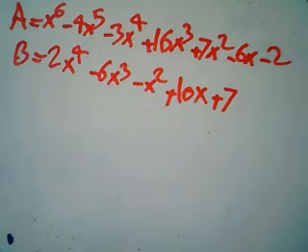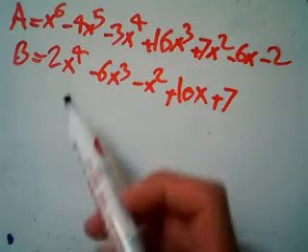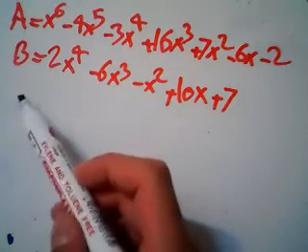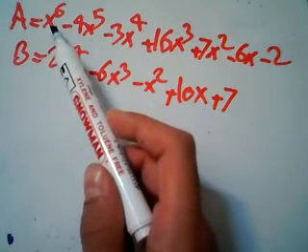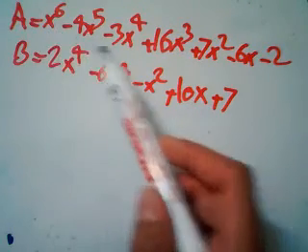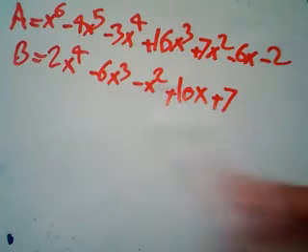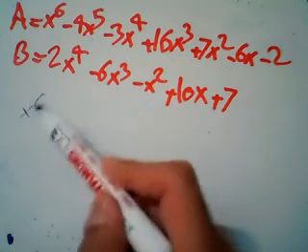Okay, so if we want to add these two by the usual method, we should go this way. We got x to the power of 6 here, and look for another. So write it down.